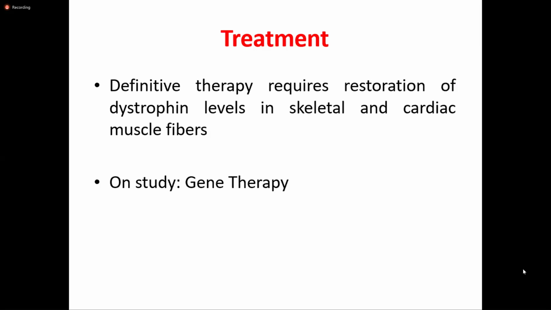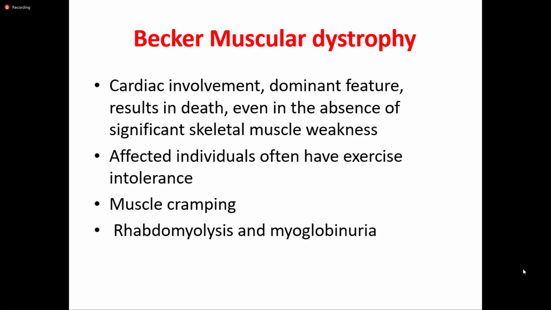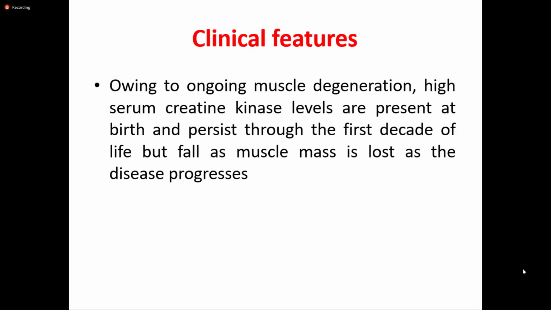Regarding the dystrophin gene, studies are being conducted so that in future, hopefully, we'll get some good news. So for Becker's, just mention a few points and it's sufficient. Is it clear? Is there any other question?